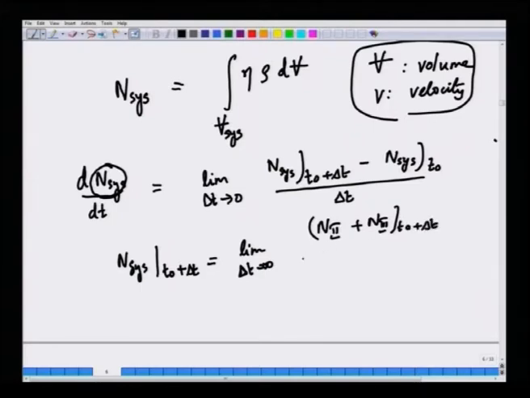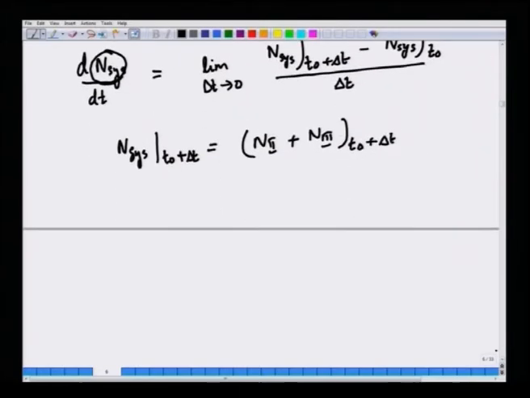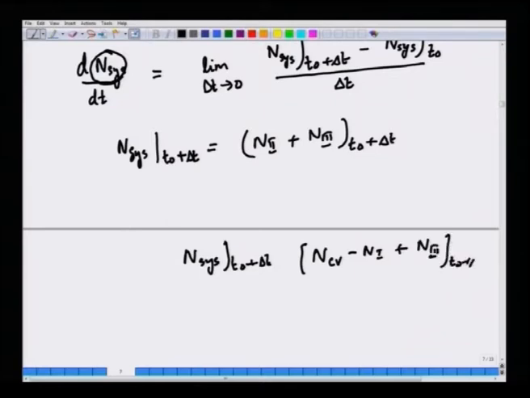This is N system at t0 plus delta t, which is N2 plus N3. N2 is nothing but N CV minus N1, plus N3 at t0 plus delta t.